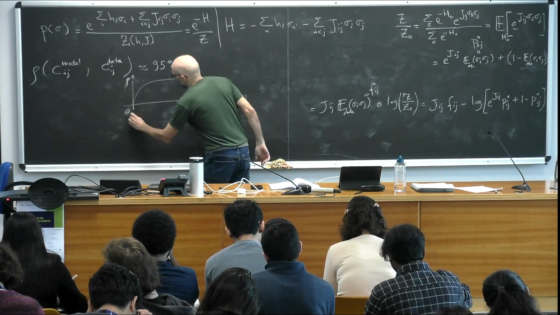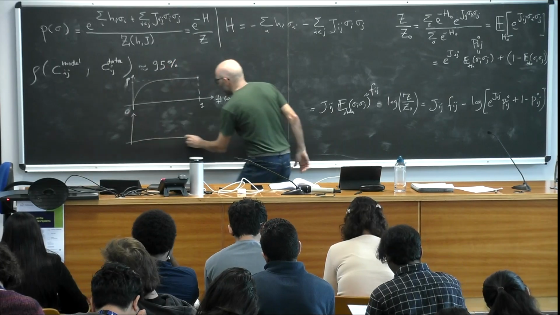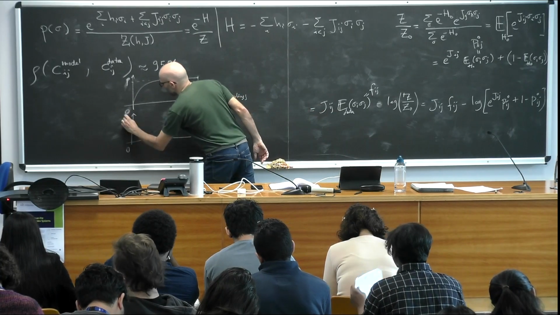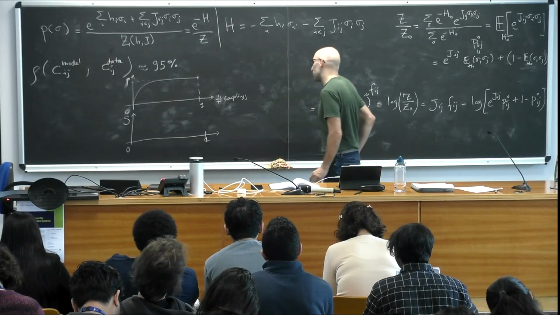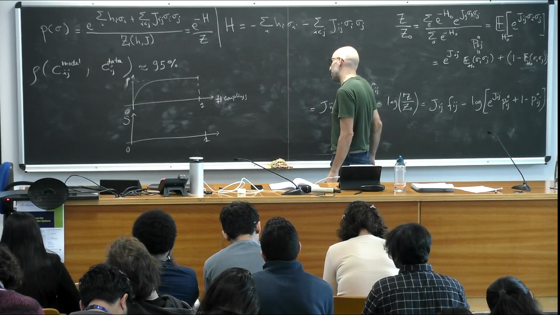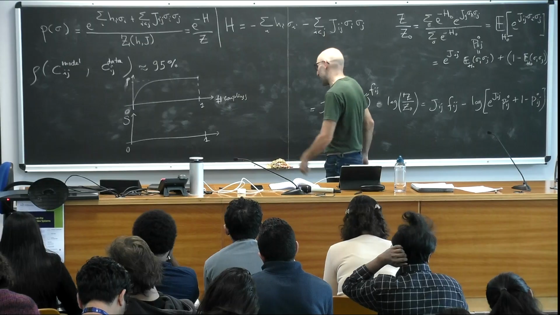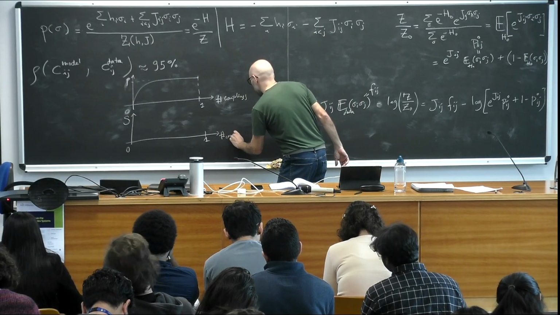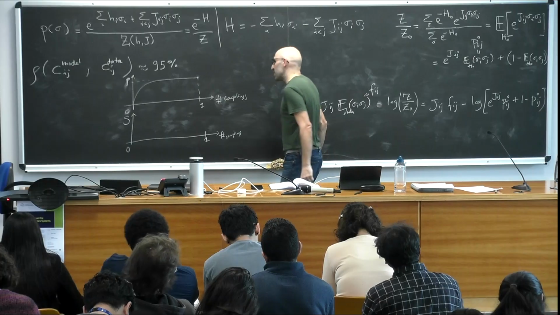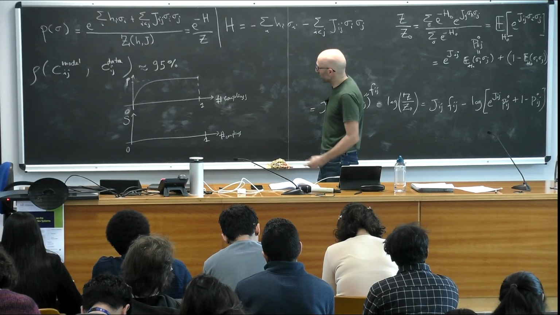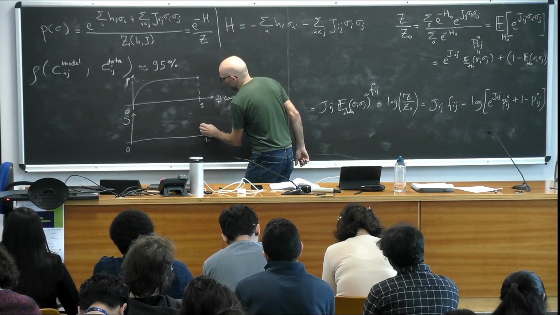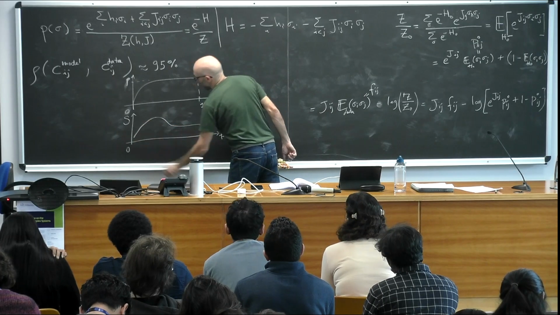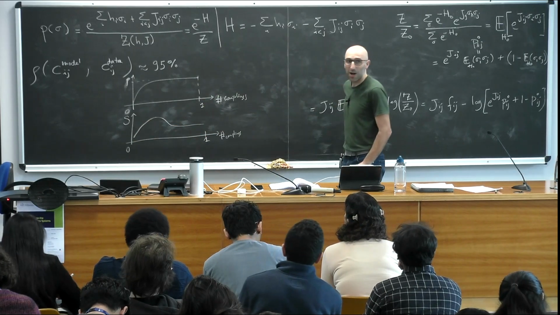But there is something else you can do, which is to look at the entropy of your model as a function of the fraction of couplings. And what we see is that actually the entropy has a maximum at some point, and then it goes down. Why?